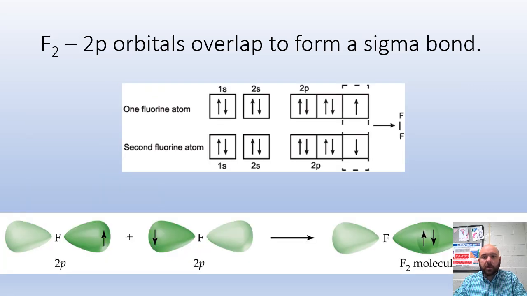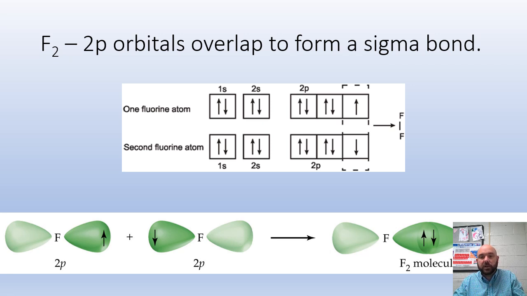We can also imagine a sigma covalent bond as two p orbitals overlapping head-on. We can see this in the bonding between two fluorine atoms to create the molecule F2. We have two fluorine atoms, both of which have two 2p orbitals that are fully filled, but each has one 2p orbital that is half filled.